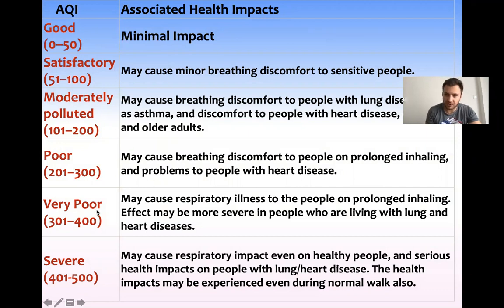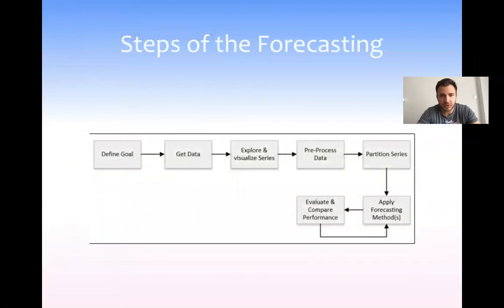Or if the area is in the category of very poor, this may cause respiratory illnesses to people on prolonged inhaling, and the effect may be more severe in people who are living with lung and heart diseases. So that's why it's important for countries to declare fights against air pollution. Let's move on to the analysis part.